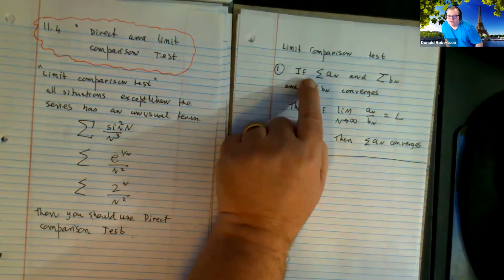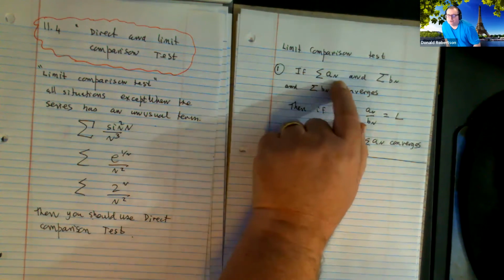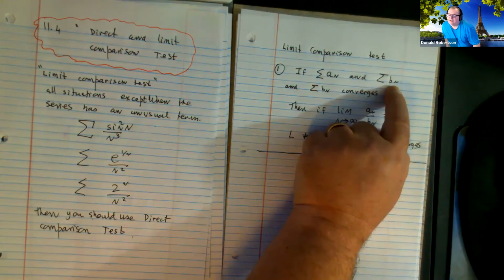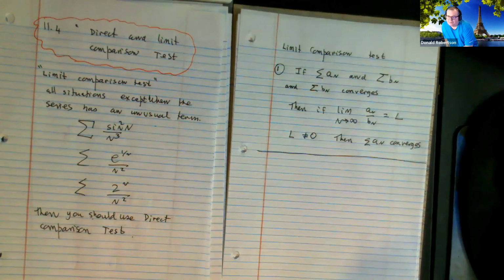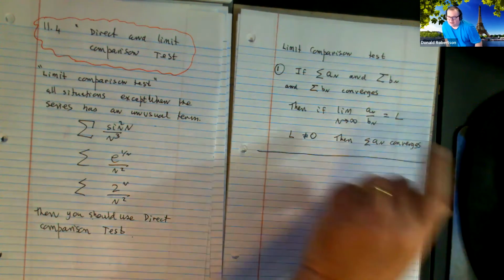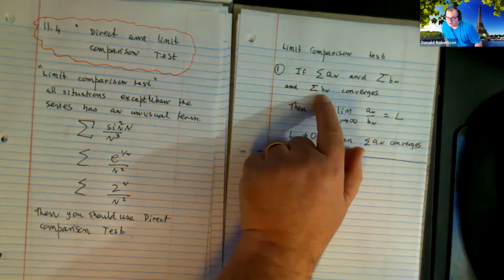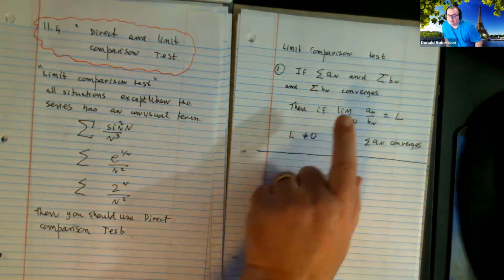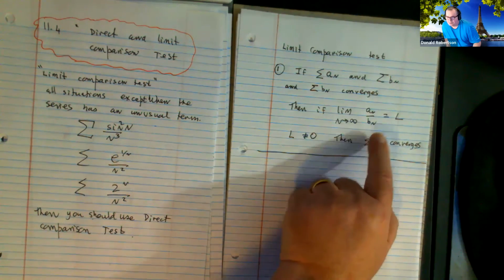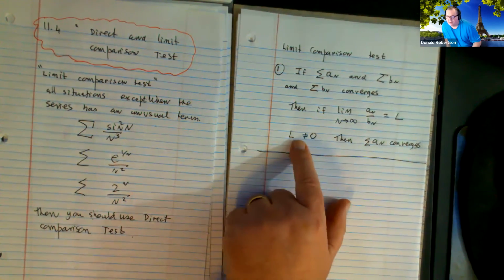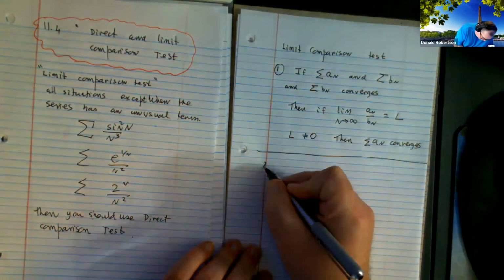So you're going to have a series called an, and then you're going to create another guy called bn. Do you know who bn is going to be? He's going to be those guys we did surgery to. And if that sigma bn converges, and if the limit of this is a number, as long as it's not 0, then an converges. And the second one is very similar.